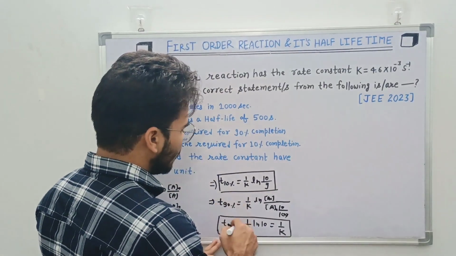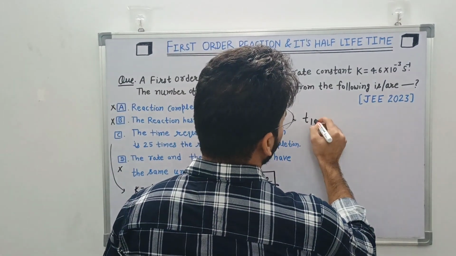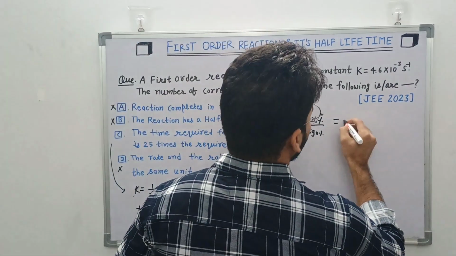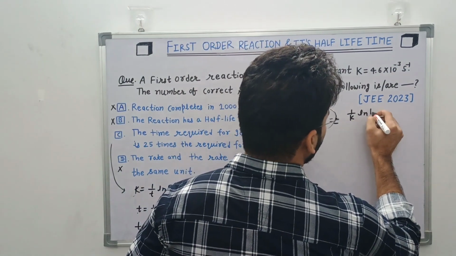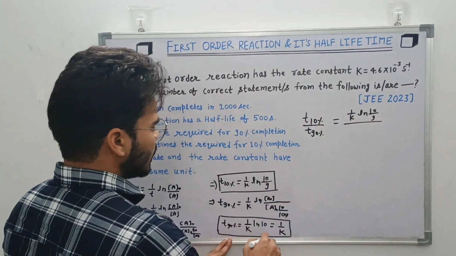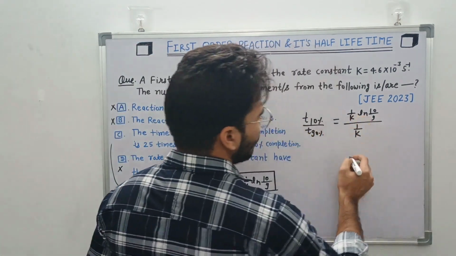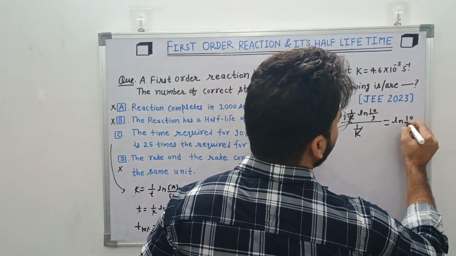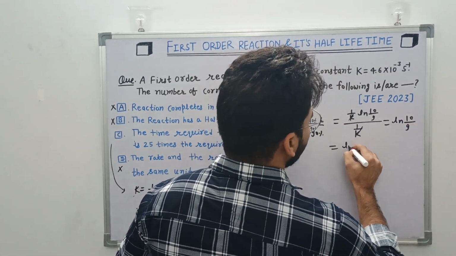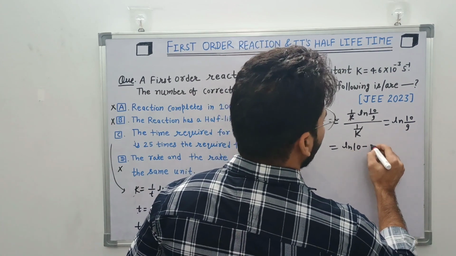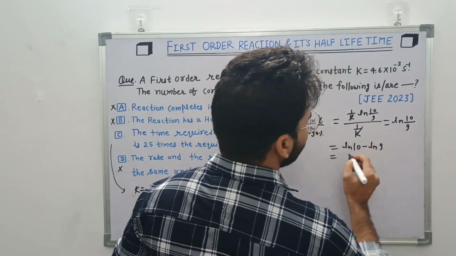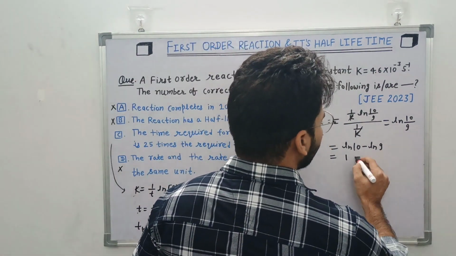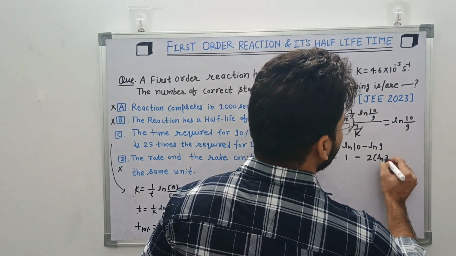Now we will divide T 10% by T 90%. T 10% is 1 upon K ln 10 by 9 and T 90% is 1 upon K. So this 1 upon K will be cancelled and we get ln 10 by 9. We can also write this as ln 10 minus ln 9. The value of ln 10 is 1, and from the property of logarithm we can also write ln 9 as 2 ln 3.